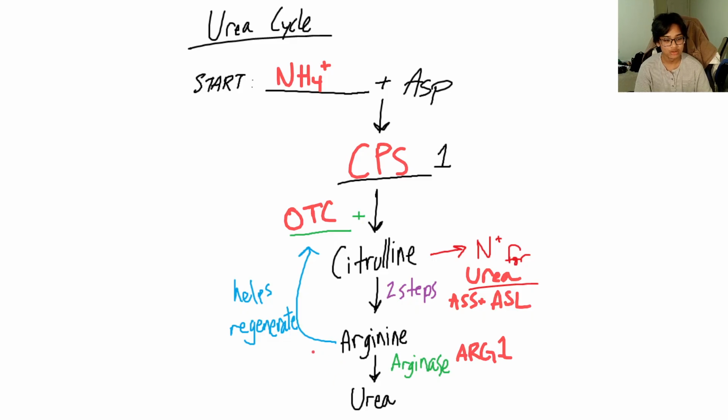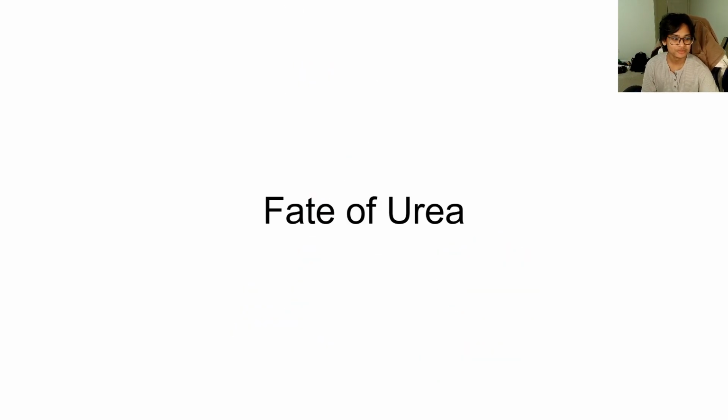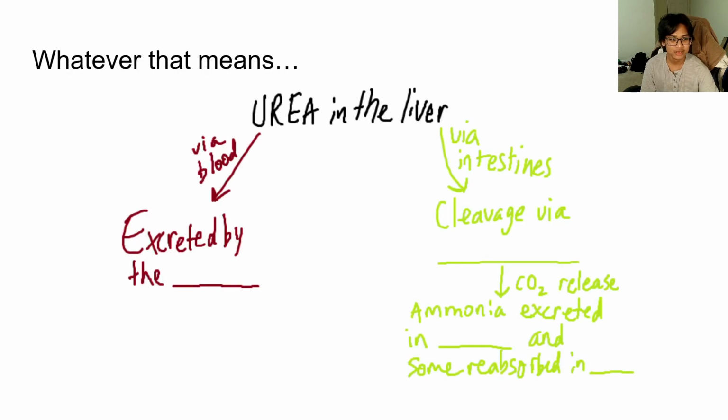The arginine also helps regenerate OTC. I think. No, I'm not even going to say anything because I'm just going to confuse you more. I don't know what this meant. Like, why would you say fate of urea? We're getting to the end, I promise.